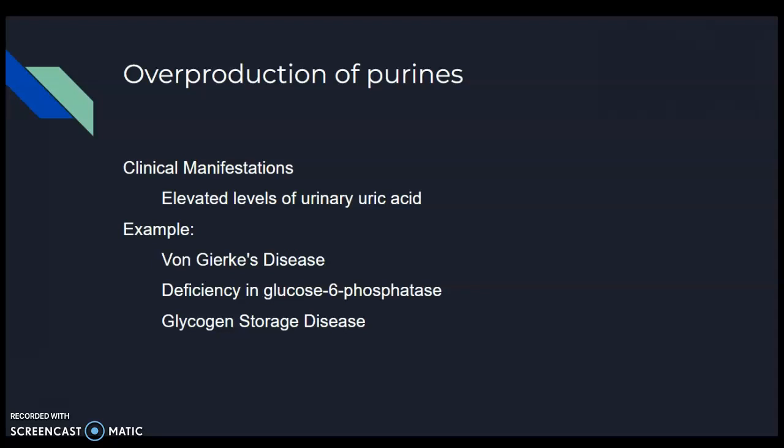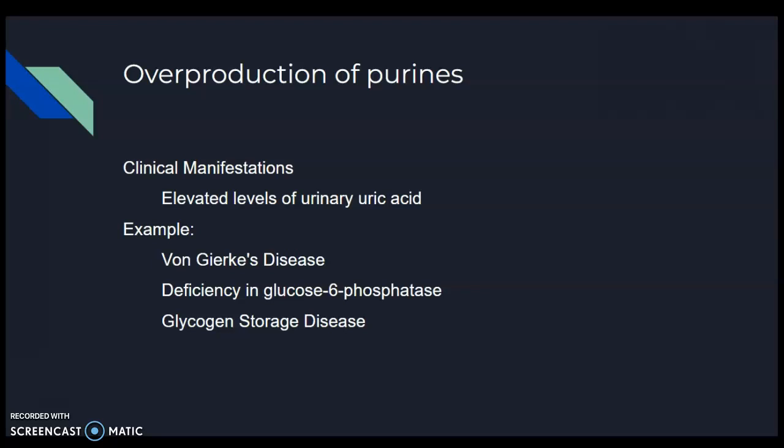And a known clinical example of this is von Gierke's disease, where we have the deficiency in the glucose 6-phosphatase. So in the disease, we have this deficiency in the glucose 6-phosphatase, and as a result of that, the pentose phosphate pathway becomes activated. This leads to an increased production of ribose 5-phosphate.